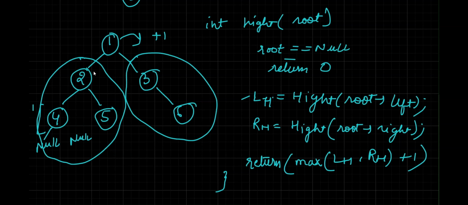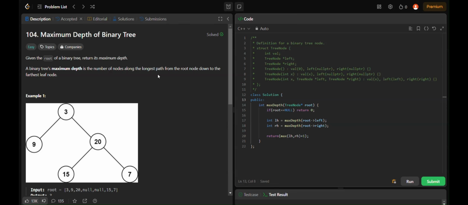We have bifurcated the main problem into a subproblem, and again we have the same subproblem: at each node we are calculating height. For that we move towards its left and right child, calculate their heights, and in the end we return the maximum of LH and RH, that is, the height of the left and right tree, plus 1. So it's very easy. Let's move towards the LeetCode problem.